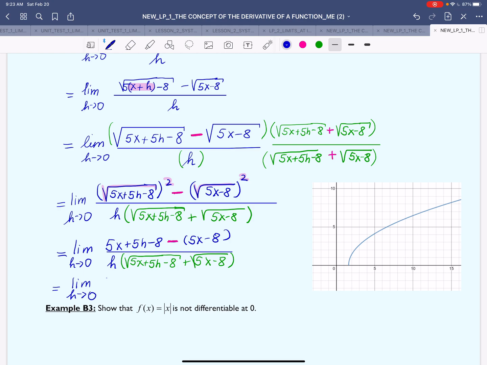I know I'm taking the steps slowly just because I want to show everything and explain and make sure that everything is clear. But obviously there are steps that you would like to skip, right? So, for example, you can just go from here to here right away, right? So here we go. We have h.